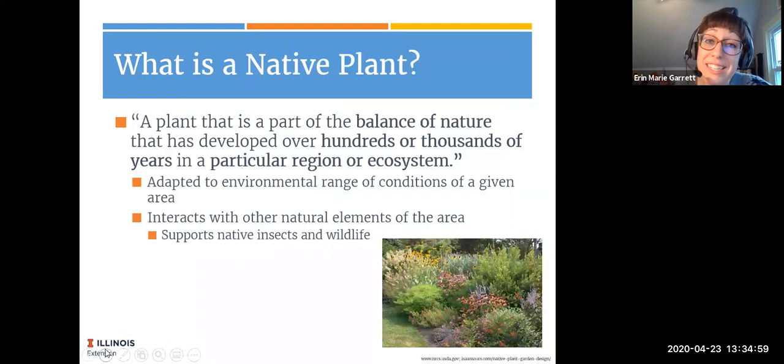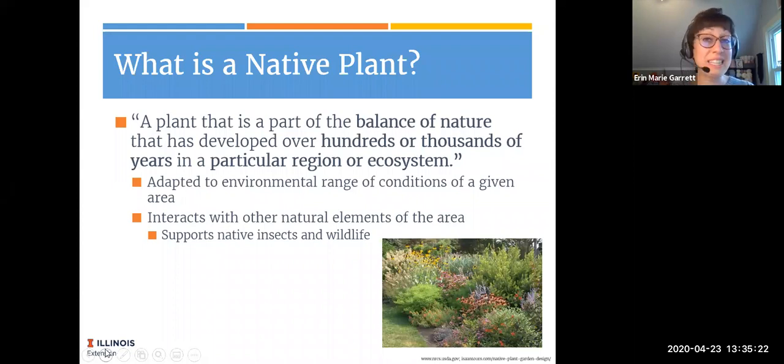Okay, so what is a native plant? It's kind of a difficult definition because it depends on both time and location, okay? So we typically say it's a plant part of the balance of nature. It's developed over at least hundreds of years in a given region or ecosystem, okay? The size of that region or ecosystem that you choose can vary.